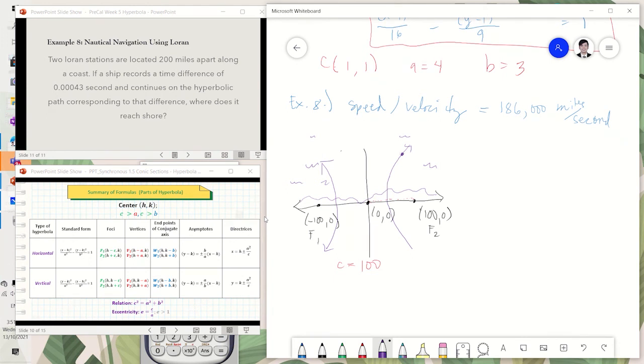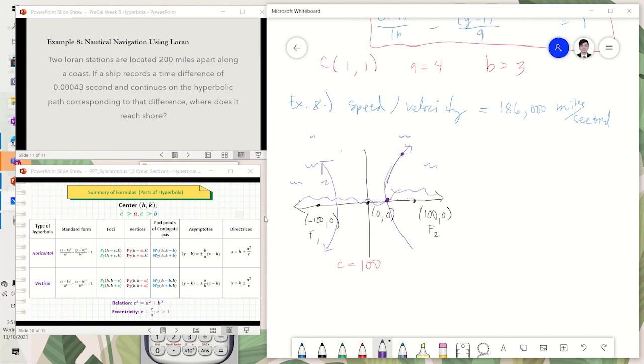Our goal here is to identify where this ship will land on the shore. So here. Okay? That's our concern.